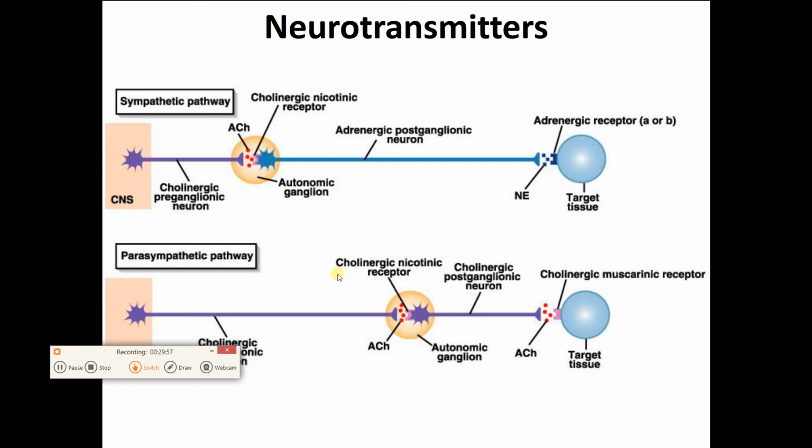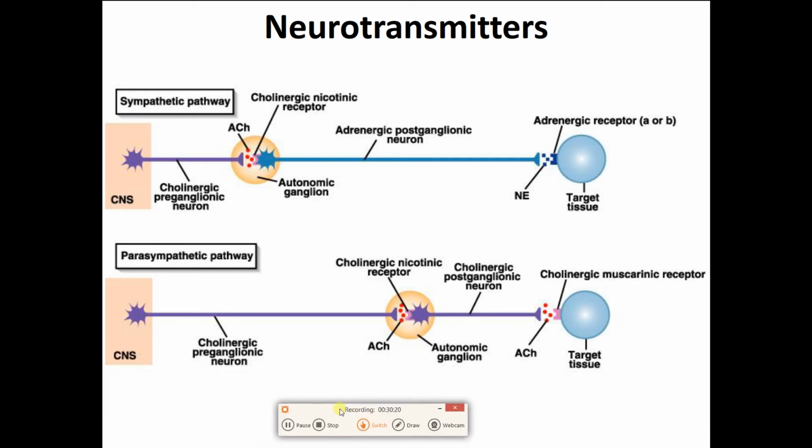One of the neurotransmitters we need to know is acetylcholine. Acetylcholine is released from the first neuron in the pathway. The first neuron releases acetylcholine onto the second. The preganglionic releases acetylcholine onto the postganglionic neuron in both the sympathetic and the parasympathetic pathway.